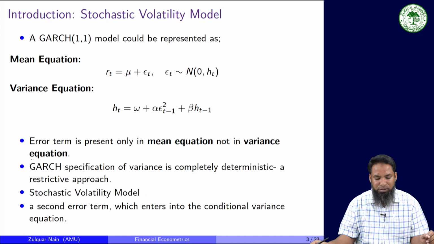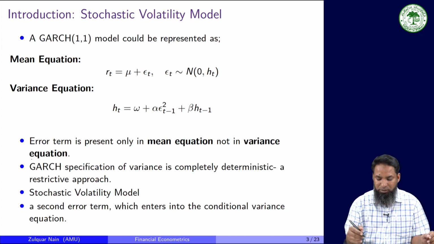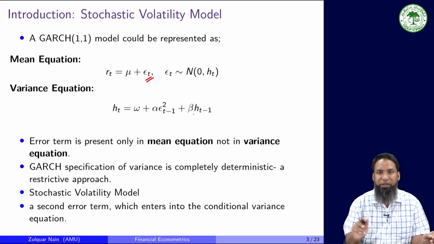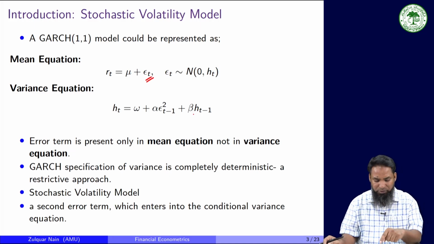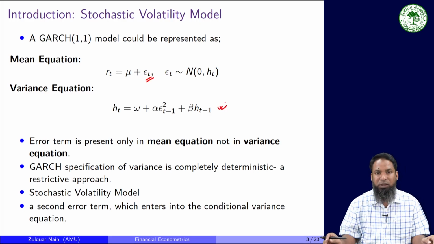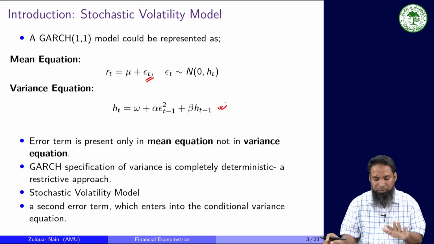However, what we can notice here is that we have an error only in the mean equation, not in the variance equation. So if we see the GARCH specification, this variance is completely deterministic. Why is it deterministic?